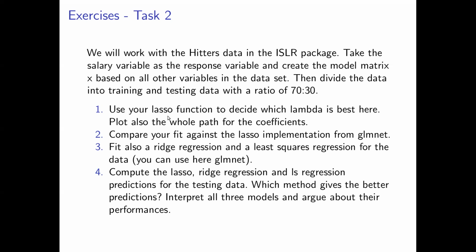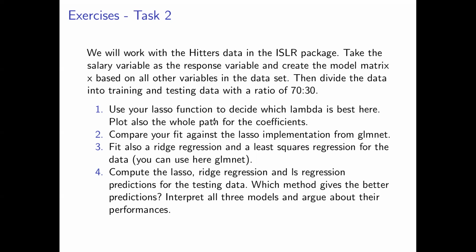So use your own lasso function and either decide which lambda is best, or use again cross-validation, or as you've seen now in the lecture, use a whole set of possible lambdas and select the best one, and then plot the whole path for the coefficients.